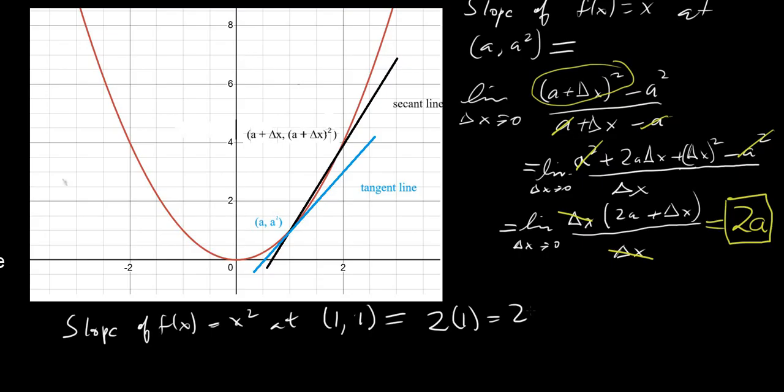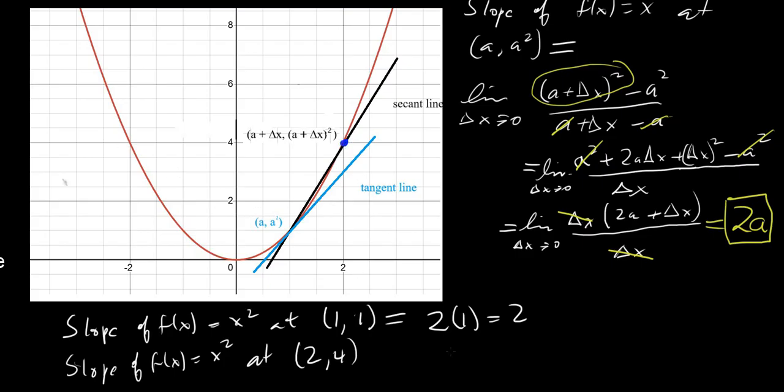Now, what if I took a different point? So I want to find the slope of f of x equaling x squared at the point 2 comma 4, right? So that's further up on my graph. There's that point 2 comma 4.